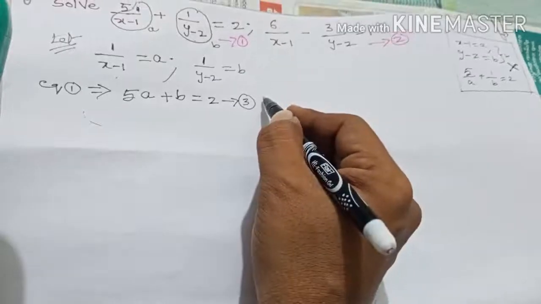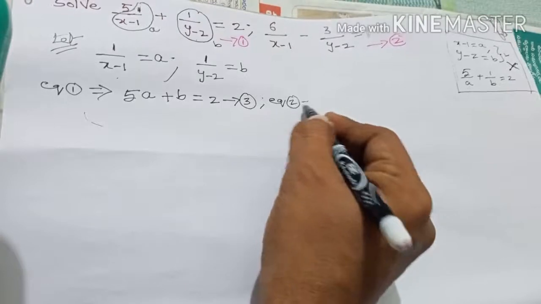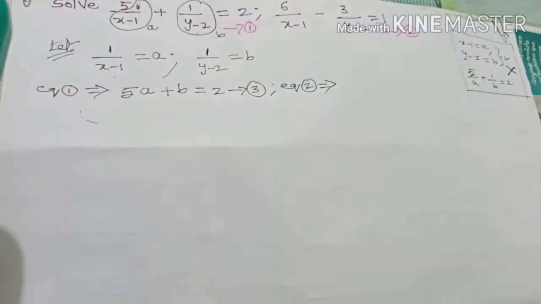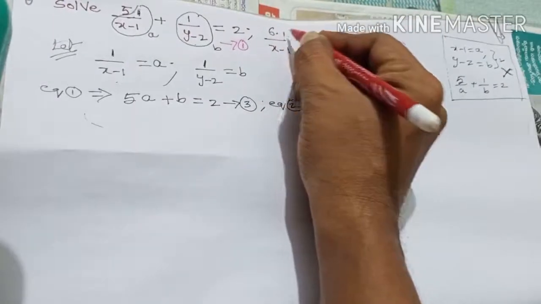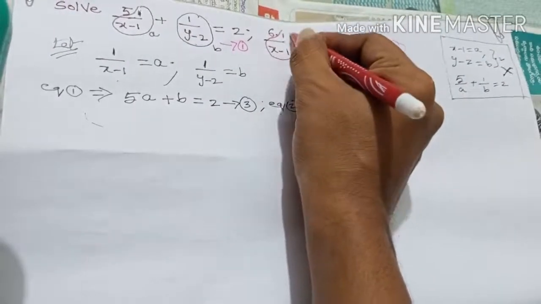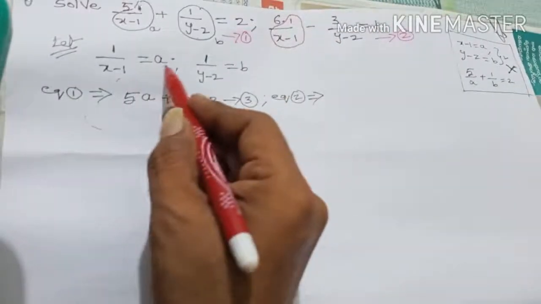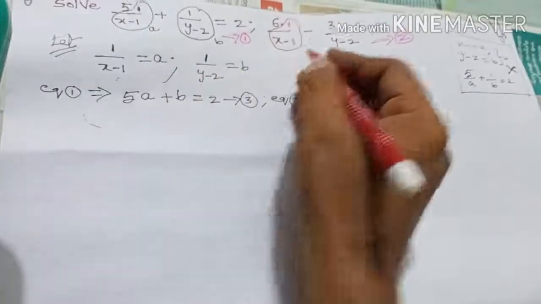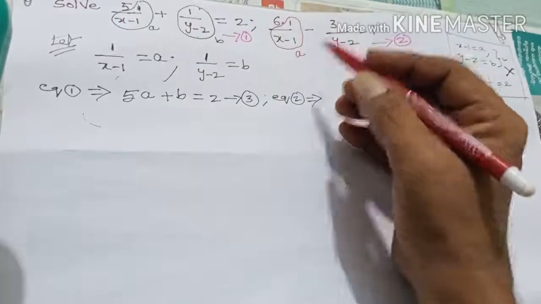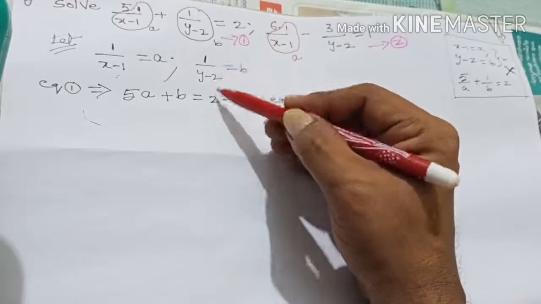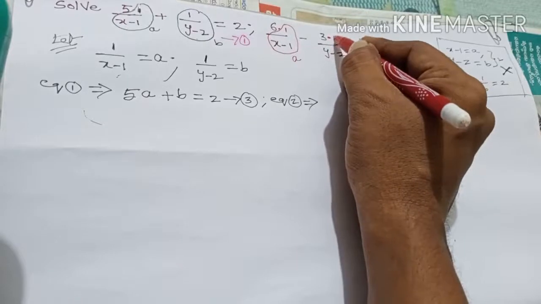Then equation 2 implies, 6 is nothing but 6 into 1, therefore this 1 by x minus 1 can be taken as, according to our assumption, a. Therefore it becomes a. Here you have 3, but our assumption is 1 by y minus 2. According to our assumption, you have to make 3 as 3 into 1.